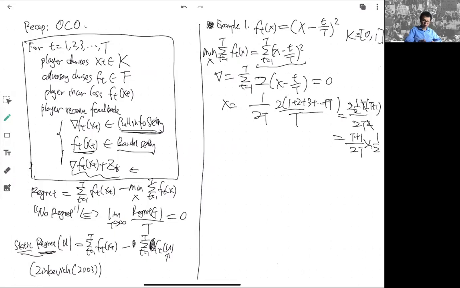If you substitute the optimal choice into the equation, 2t plus 1 minus t over t square, we can write it as t square. And this is somewhat more complicated when we sum from 1 to t.